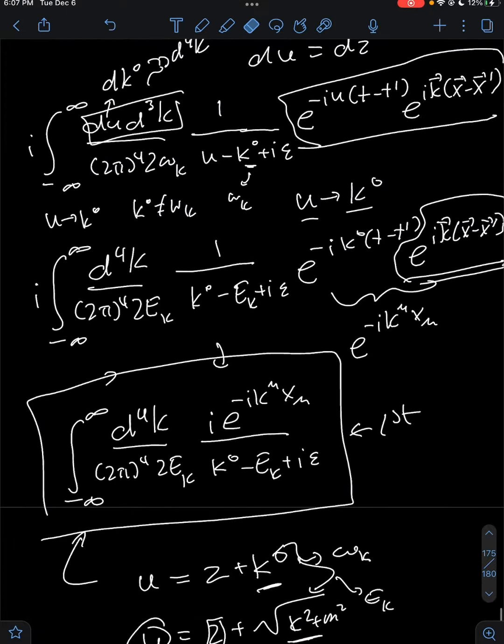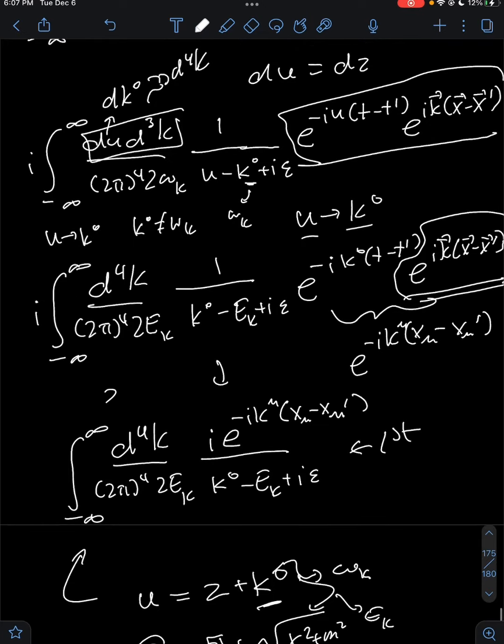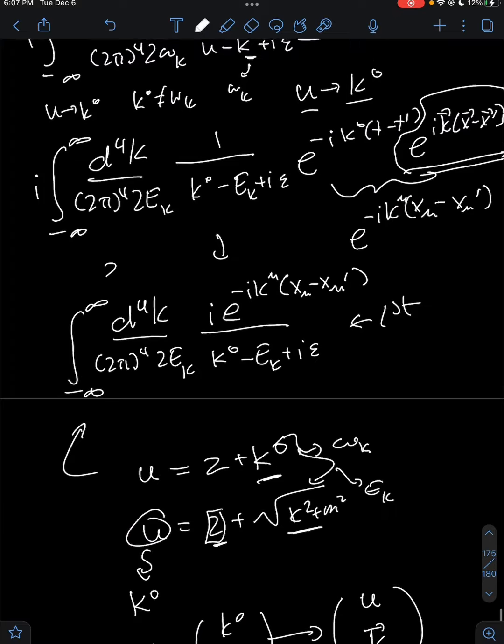Oh, that's a mistake. This should be e to the minus i k mu times x mu minus x mu prime. I don't know why I wrote it like that. Yeah, we should have minus x mu prime. FYI, hopefully y'all spotted that on the first try. So yeah, we should have that right over there.